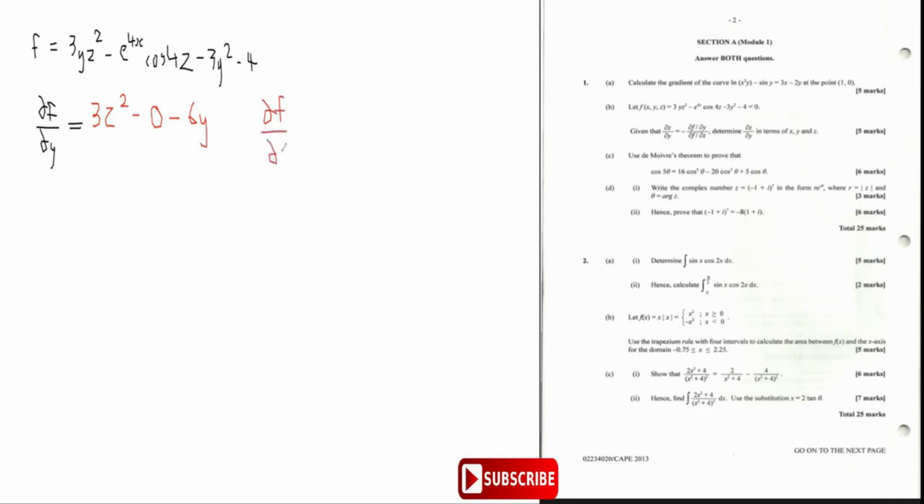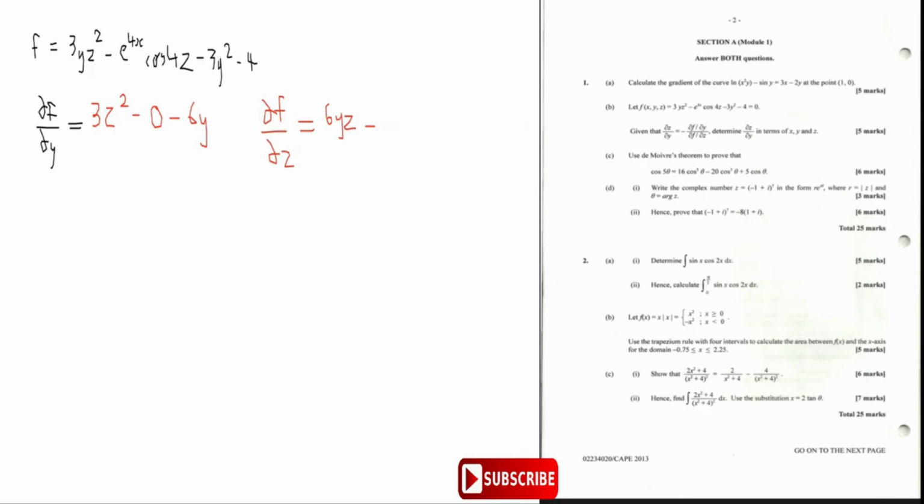To find dou f by dou z, we're going to differentiate with respect to z. So we carry down the power, so this becomes 6yz, and we subtract 1 from the power. Now e to the 4x is a constant, so it's going to be minus, and when you differentiate cosine, you get minus sine, and you multiply it by the derivative of 4z.